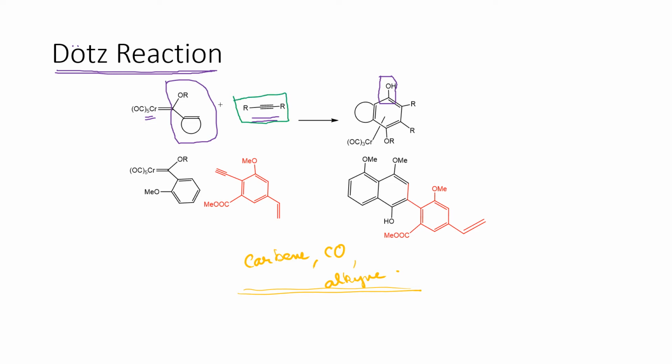This is the alkyne moiety. So the carbon monoxide is here, the alkyne moiety is there, and the carbene moiety is again marked in violet, but you can see that this is part of the ring system that I have drawn for you in this slide.